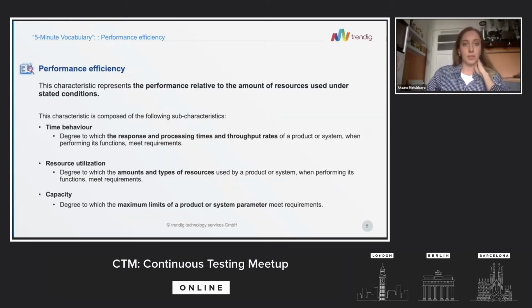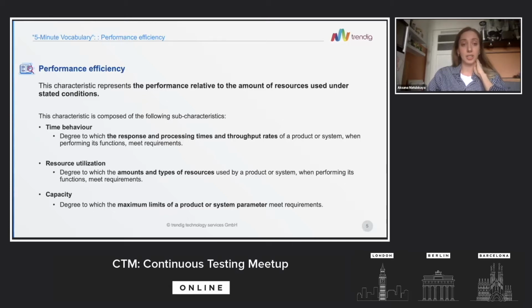Performance efficiency: this characteristic represents the performance relative to the amount of resources used under stated conditions. These 3 sub-characteristics are time behavior, resource utilization, and capacity. Time behavior is the degree to which the response and processing times and throughput rates of a product or system meet requirements.